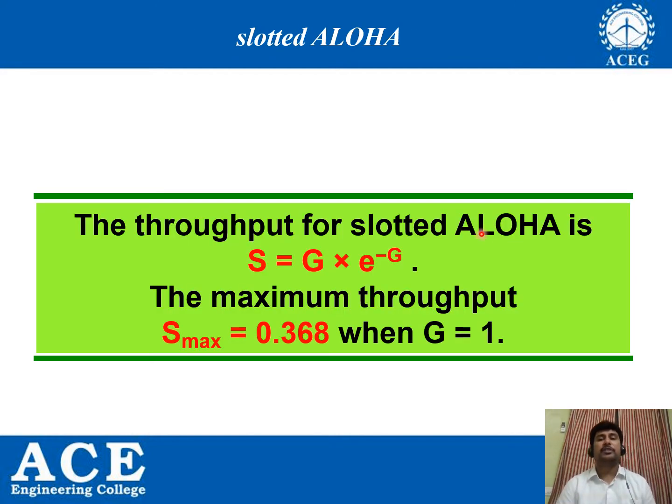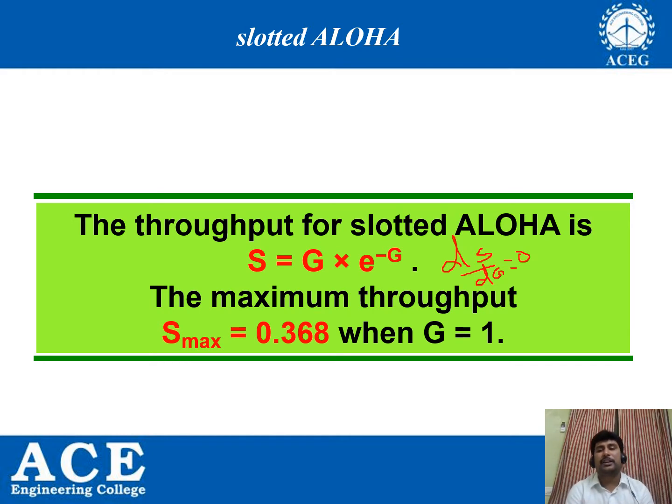The throughput of slotted aloha is given by the expression throughput S equal to G into e power minus G, where G is the total number of frames sent during the frame transmission time TFR. Take the derivative of throughput dS with respect to dG and equate it to 0.